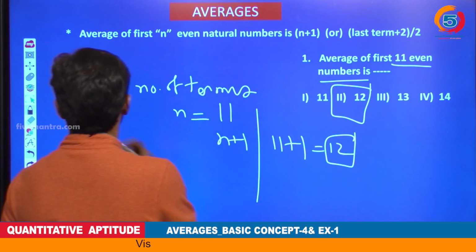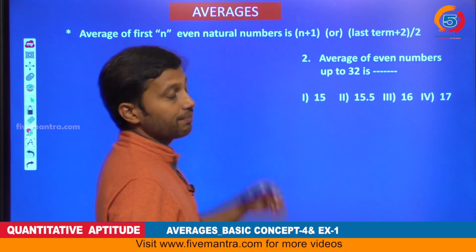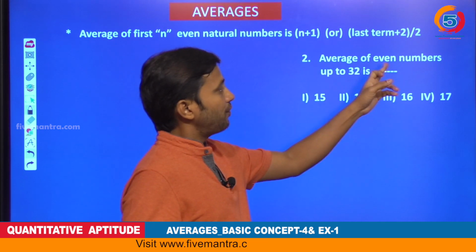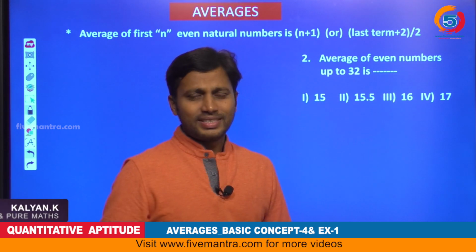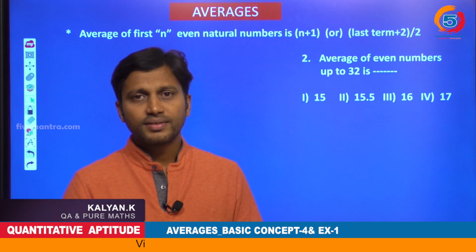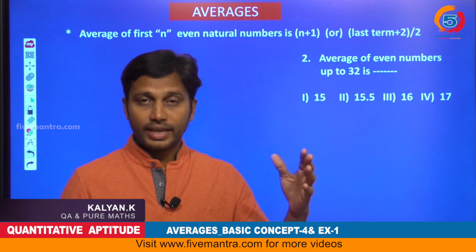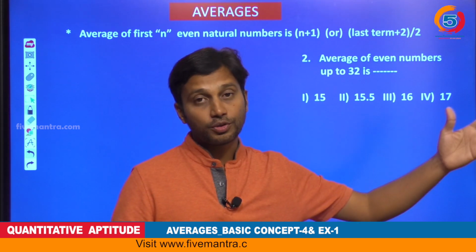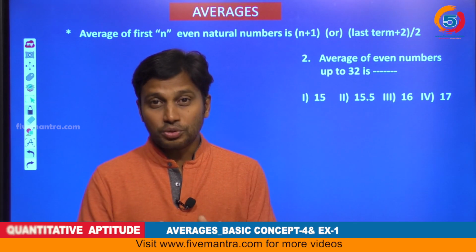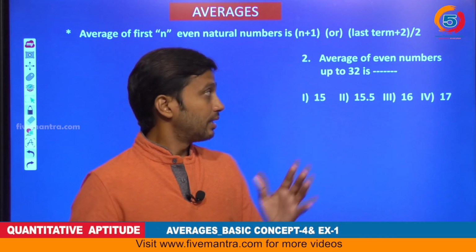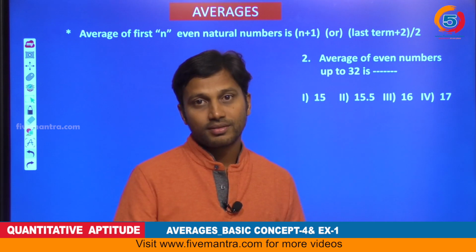Okay, let us see what it is. Now let us see the next problem. Average of even numbers up to 32. See, up to 32 means what? It begins from 2, 4, 6, 8, 10, so on up to 32. That means, tell me whether 32 is representing the last term or the number of terms?